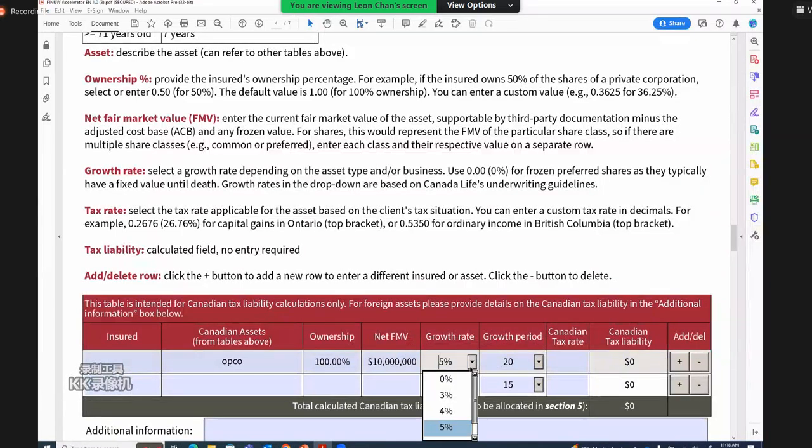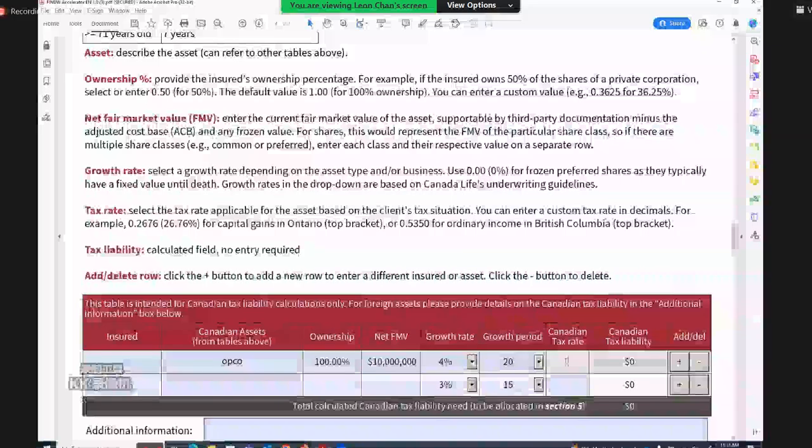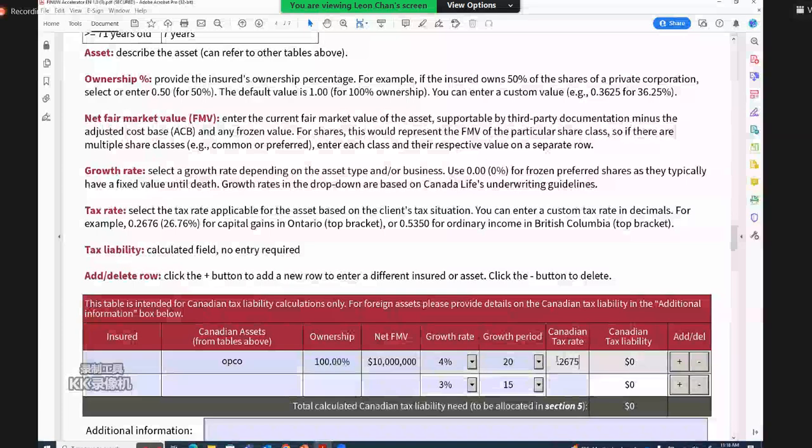right? Then we're assuming, let's say, a growth rate of 4% for 20 years. And at the end of the day, a 26.75% tax rate. At 26.75% tax rate, what we're really looking at here is the effective capital gains tax rate, right? When it's a capital gain, 50% of that is taxable.